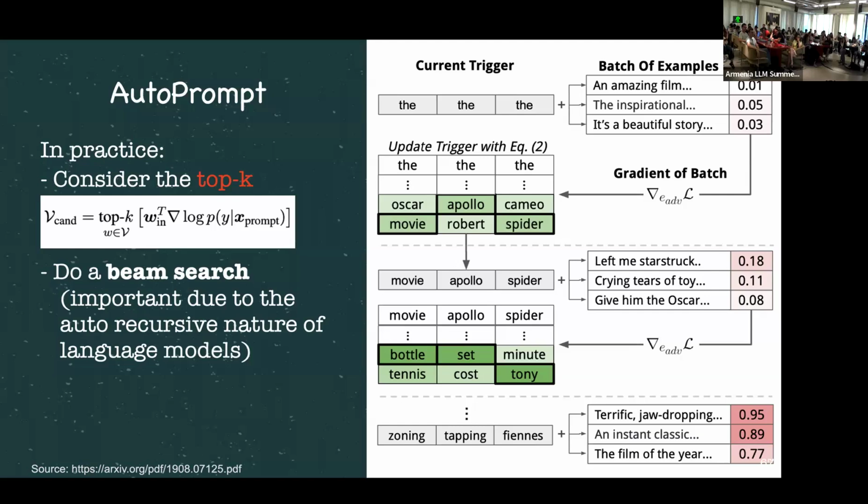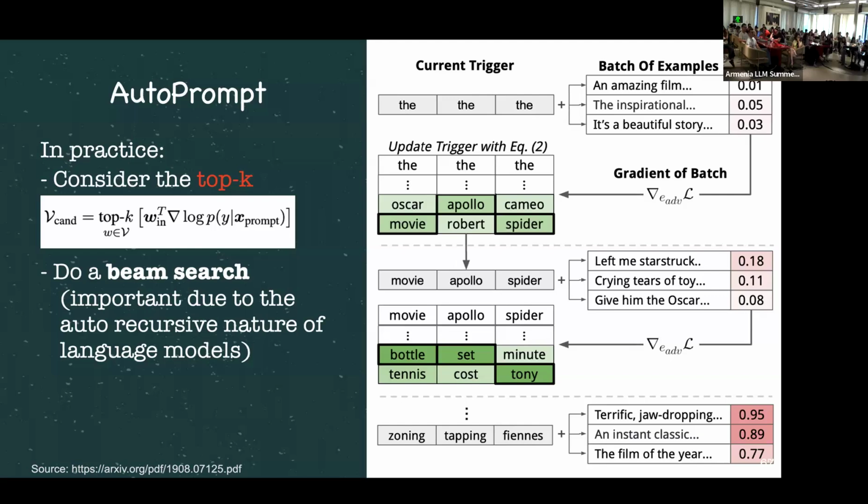Now you have your trigger, you load a new batch of examples, and it has a better likelihood, it's a bit more likely. You have a new gradient, it re-ranks the tokens, and it tells you that now bottle is a better object, given the rest. That's the second one, and you keep going until you have maximized the function and get a trigger that works.